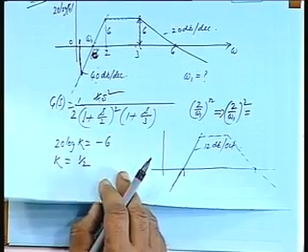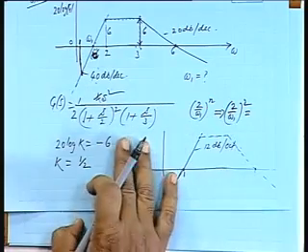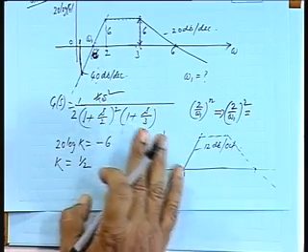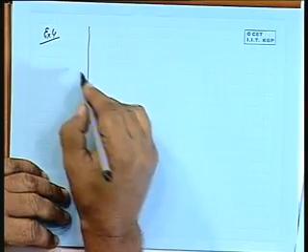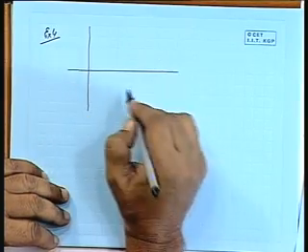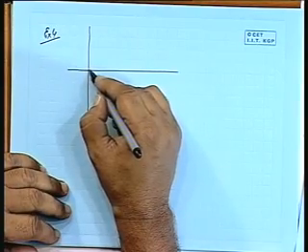So, from the sketch of the asymptotes, you are asked to identify G(s). Let us take up another example. I am asked to compute G(s).